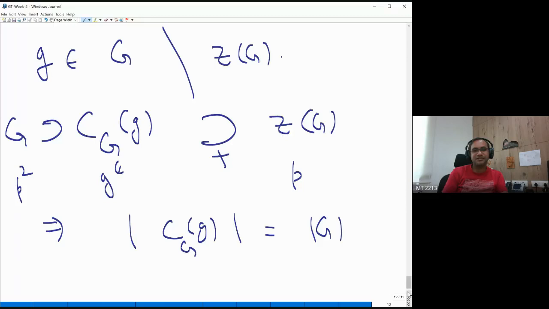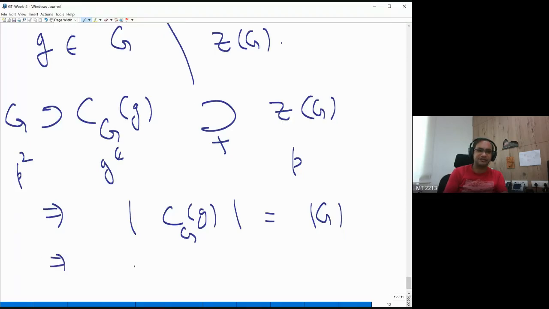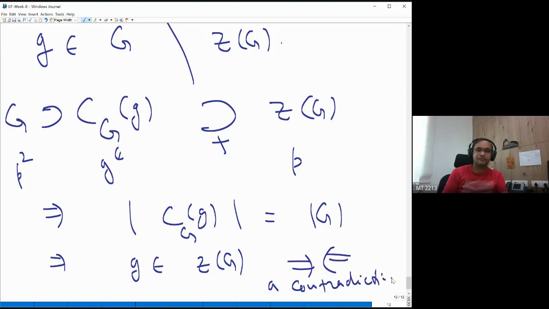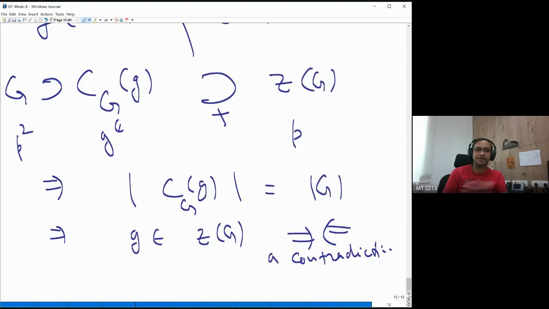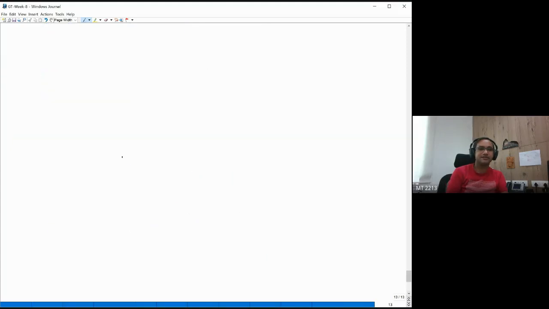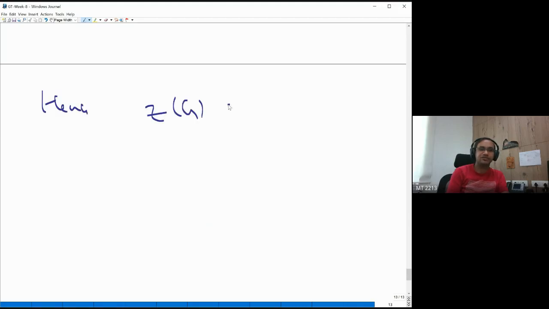But then this will imply that g belongs to the center, which is a contradiction. So that means this cannot happen. Hence this proves the theorem: the center of G has to be the whole of G.